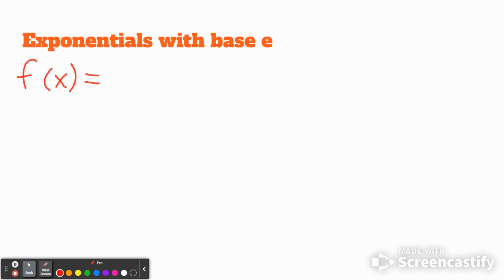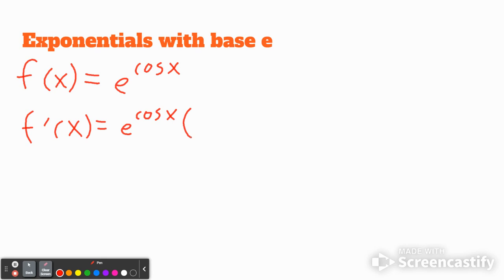So if we have f of x is equal to e to the cosine of x, doing some more trig stuff, it's good to know your trig derivatives. So if we want to find f prime of x, this will be equal to e to the cosine of x, just rewrite it, and then times the derivative of the exponent. The exponent is cosine of x.